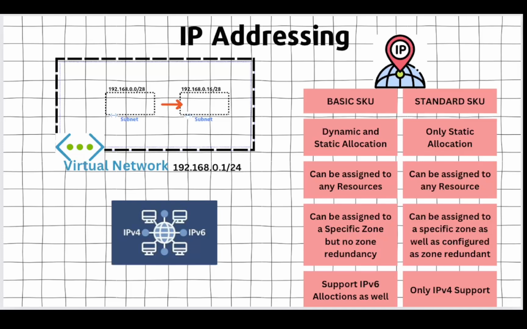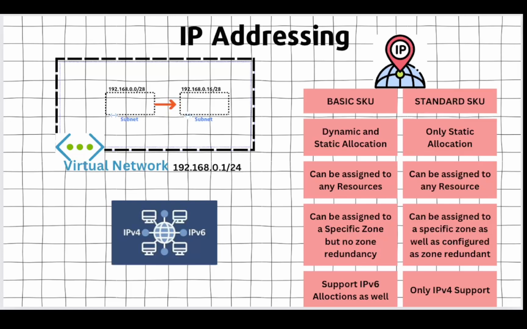Now, if the public IP changes in some scenarios, it can be a problem, because say you have a web server and you have assigned a public IP to it, and for some reason the public IP address changes and you have not changed the DNS record, then your web server will fail. So in a production scenario, it is always better to go for a standard SKU public IP address. Basic SKU can be assigned to any number of resources. Same with standard SKU.